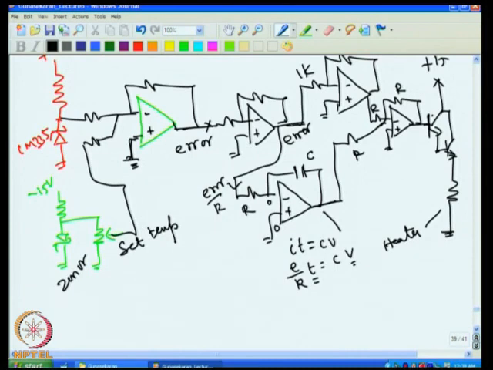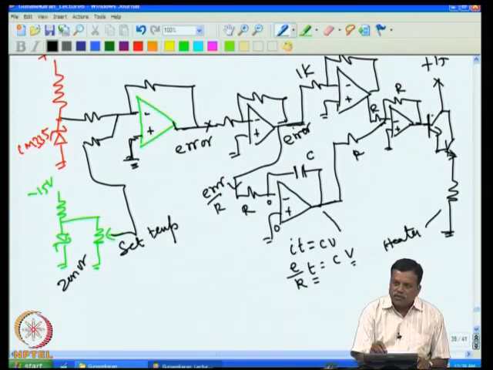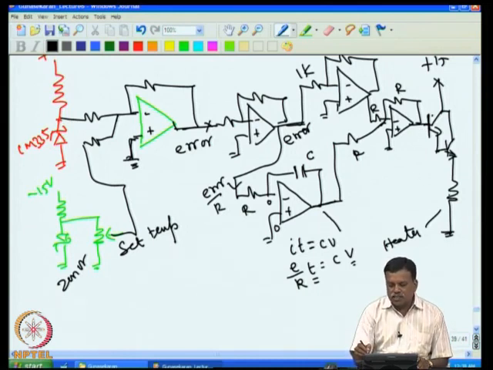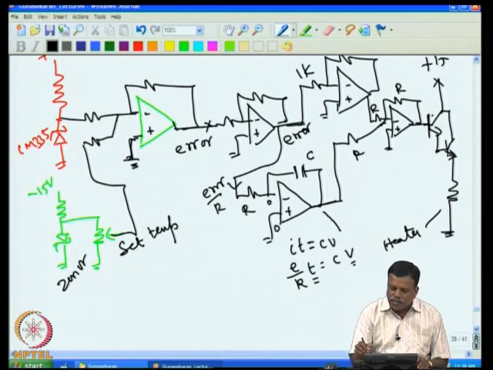Now, we want a temperature gain of 100, that means 1 degree change in temperature should produce a voltage change corresponding to 100 degree. Since 1 volt change here produces 5 degree temperature change, to change 100 degree I need to have 20 volt change here.